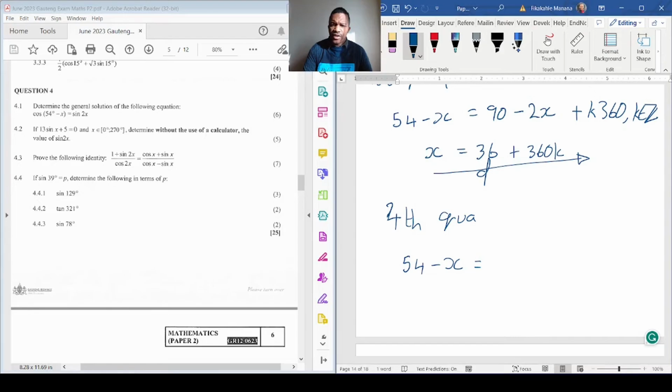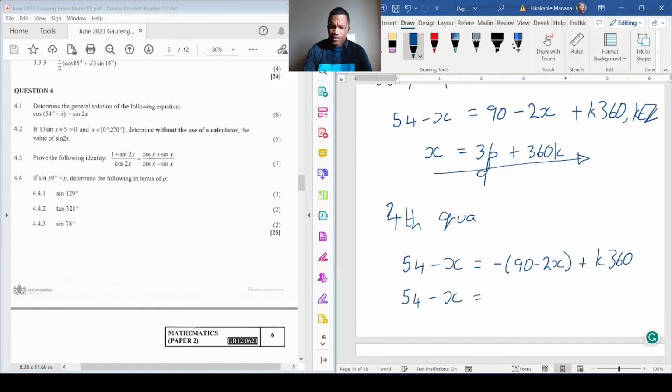Let's do that one. You need to be careful and put the brackets in, otherwise your answer will not be correct, because that whole thing is the reference angle. So you have to put it in brackets and put the negative.